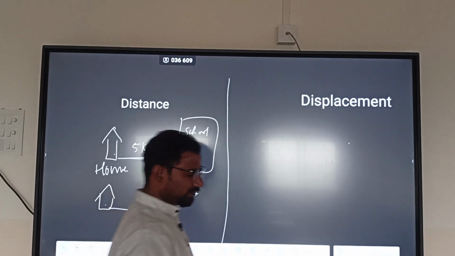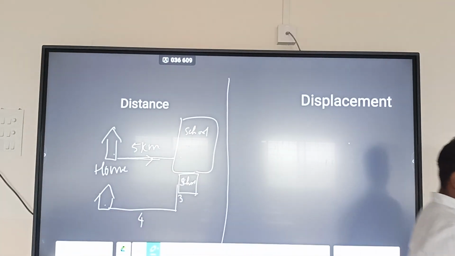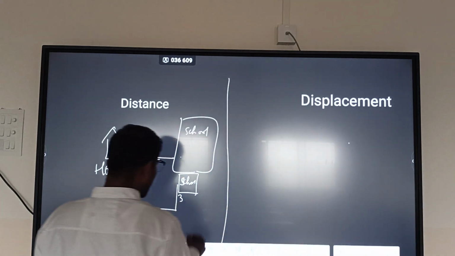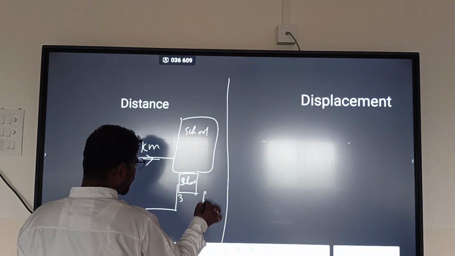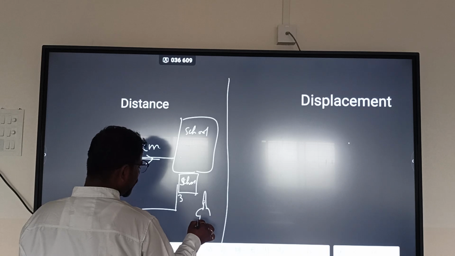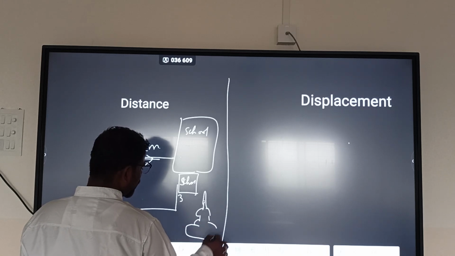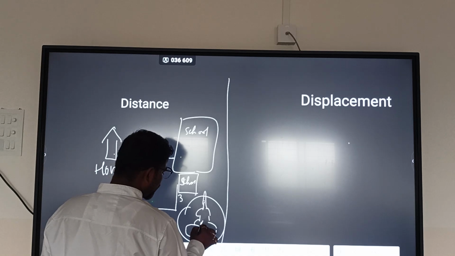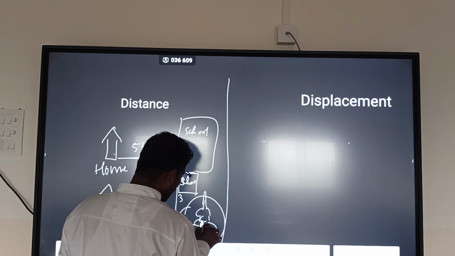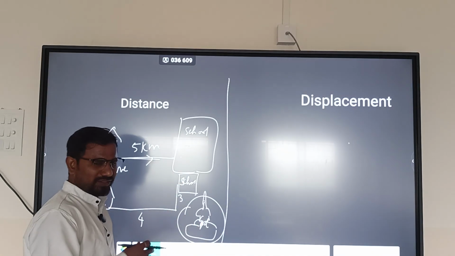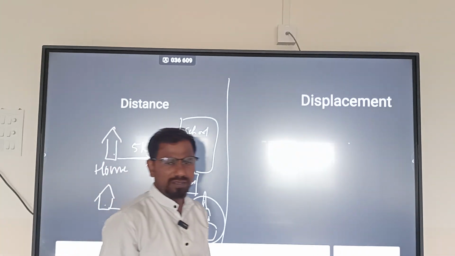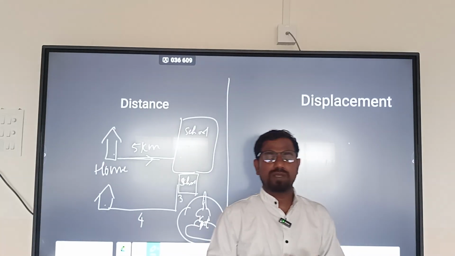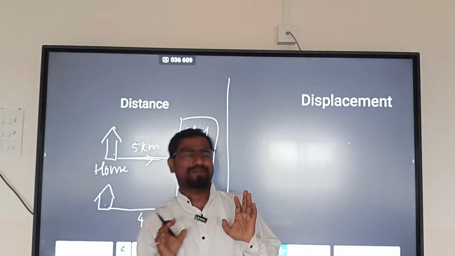After coming to school, he goes to the temple and takes a revolution around a statue of God. These situations are very important so that you get a clear concept about distance as well as displacement.